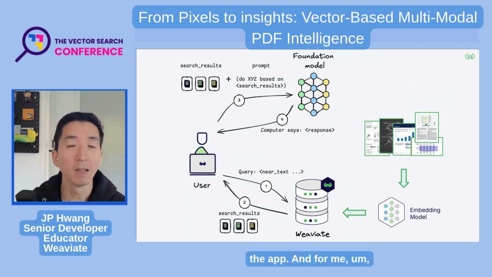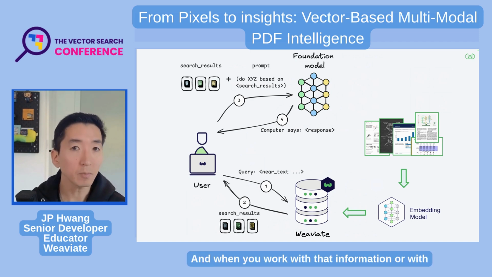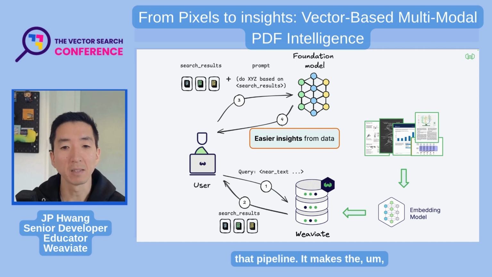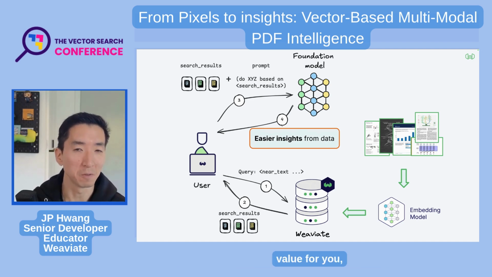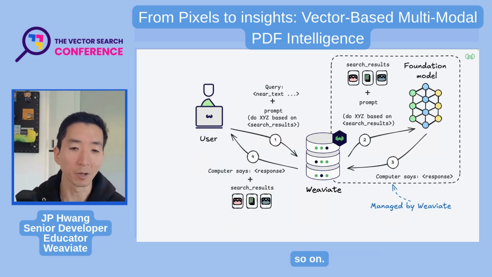For me, the advantage is the less brittle nature of it. When you work with that pipeline, it makes it easier to concentrate on what adds value for you, which is to extract insights from your data more easily.